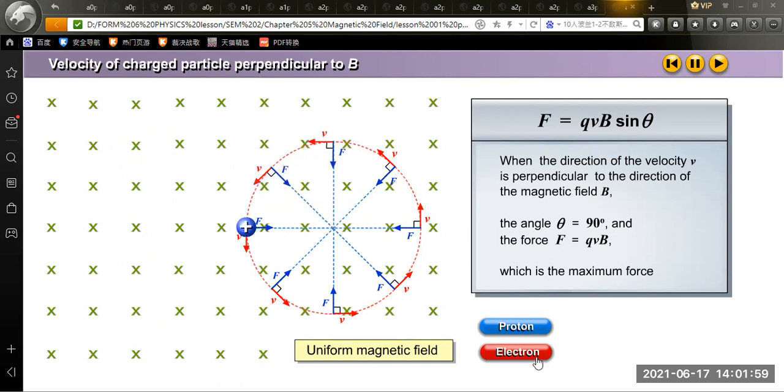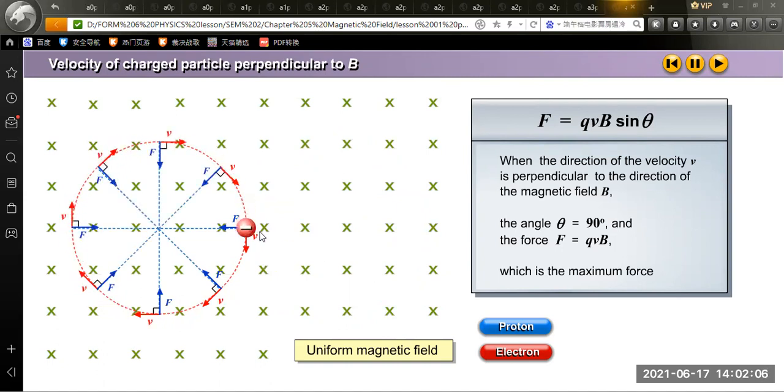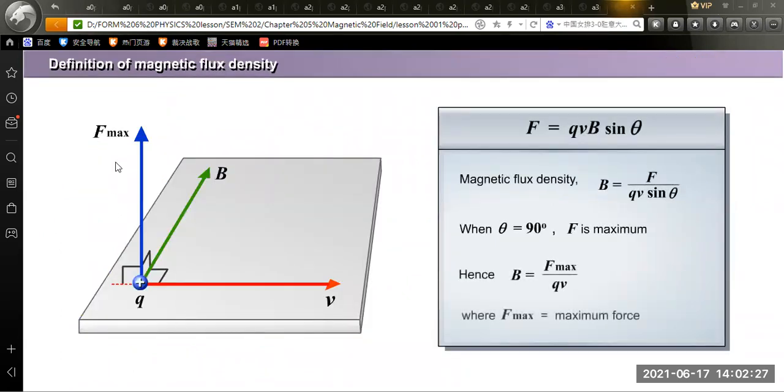For both the proton and the electron, the angle of V and the B are 90 degrees. Since sin 90 degrees equals 1, F equals QVB. Observe that the F, B, and V are all at 90 degrees to each other.